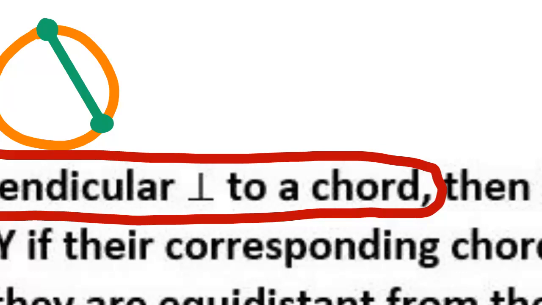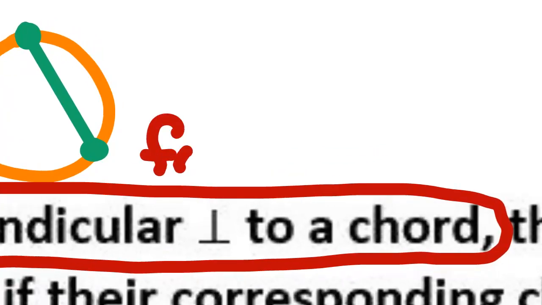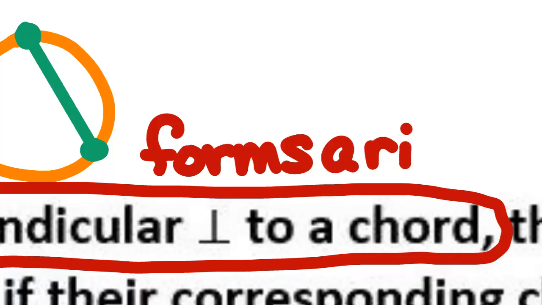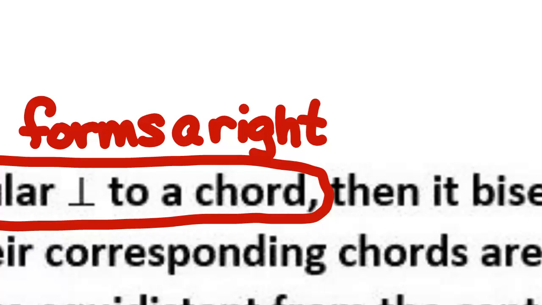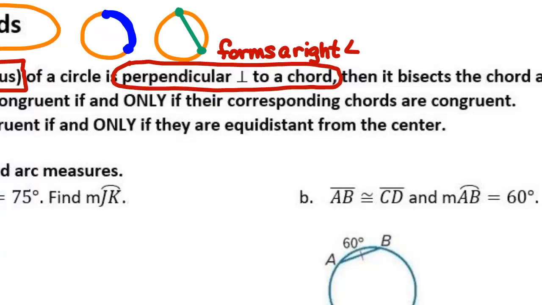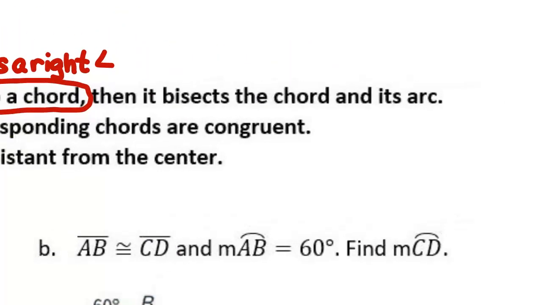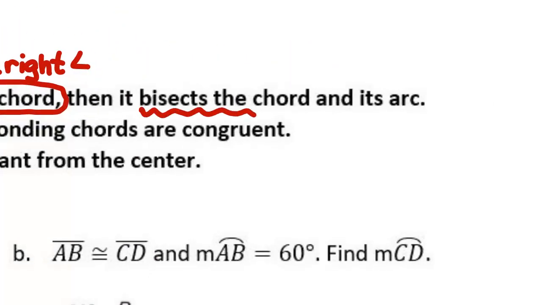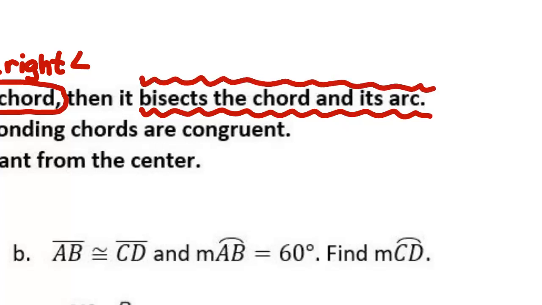At a 90-degree angle, yes. Perpendicular means forms a right angle. So if I have a diameter or a radius, and it forms a right angle with a chord, then it bisects the chord and its arc. So it cuts the chord and the arc in half.